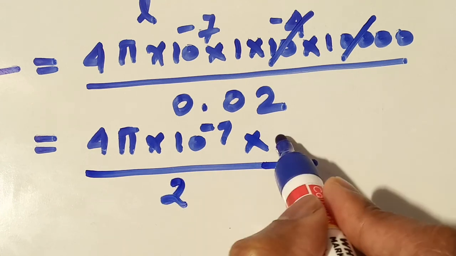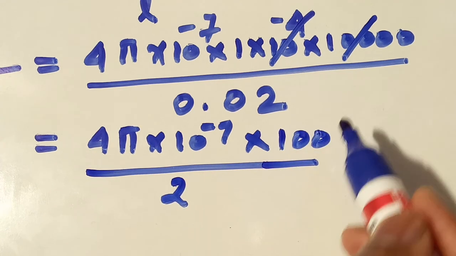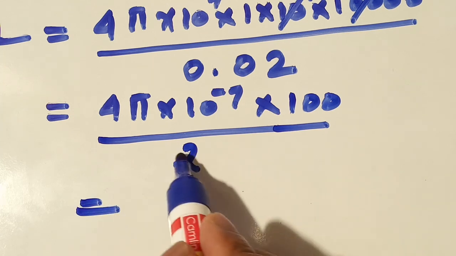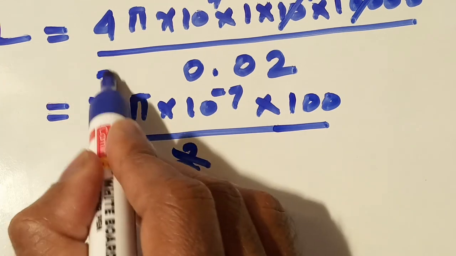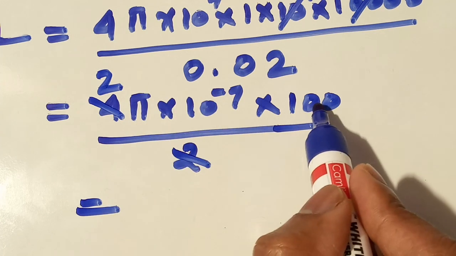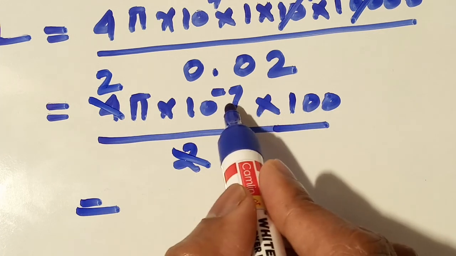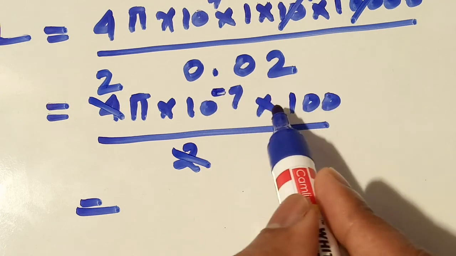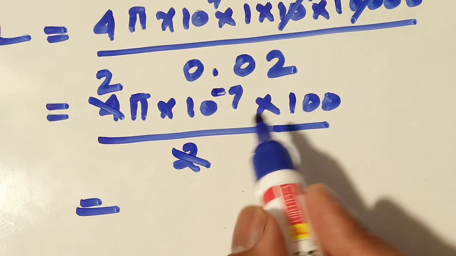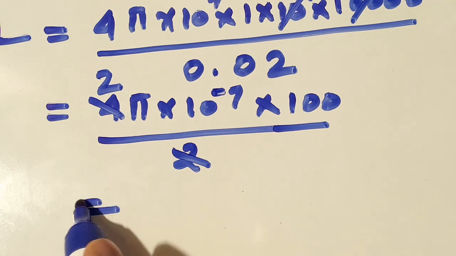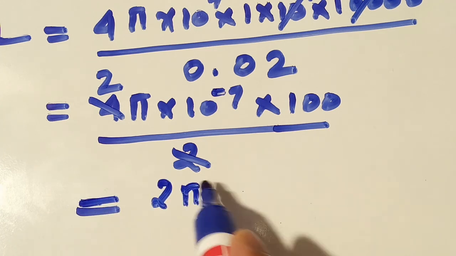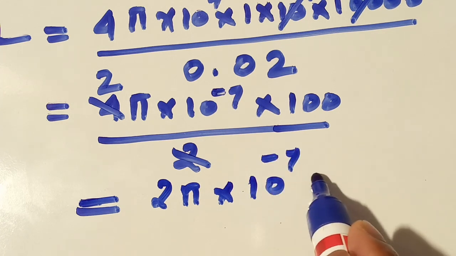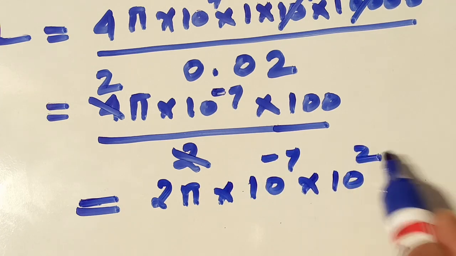So we get 2 pi multiplied by 10 to the power minus 7 multiplied by 10 to the power 2.